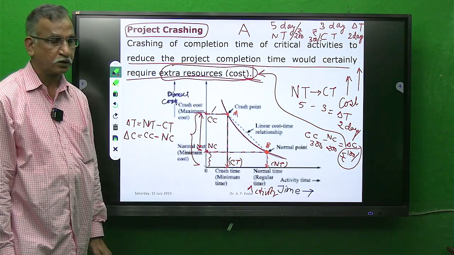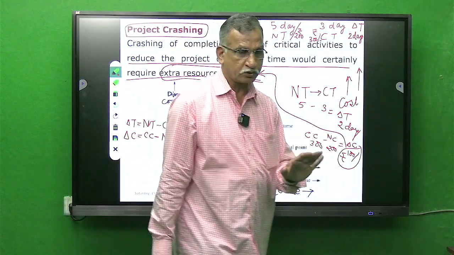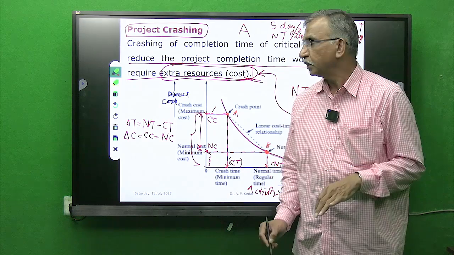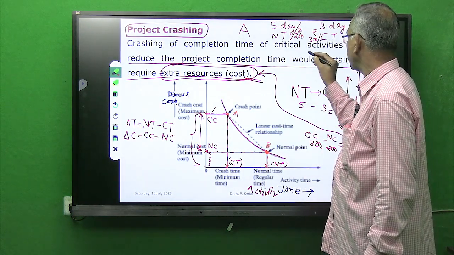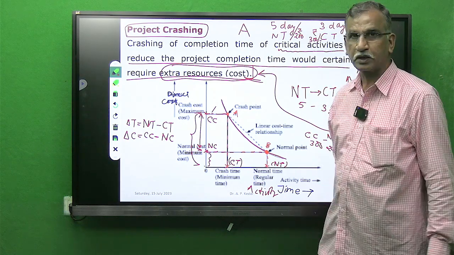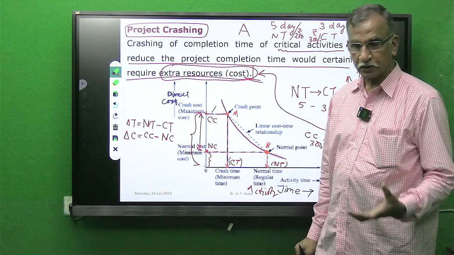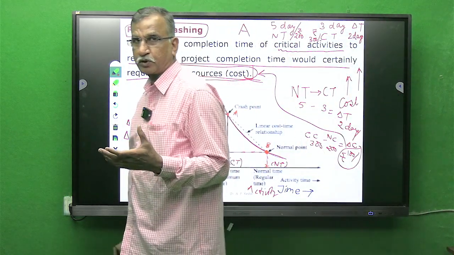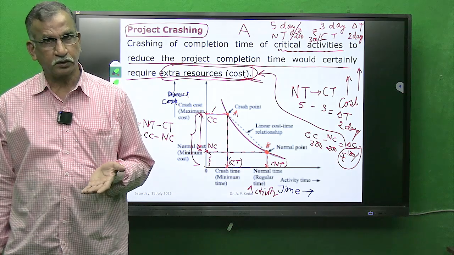Got it? Now we know, and I will explain this again in the problem, that we will only be crashing critical activities. If we crash critical activities which are possible to crash, the time duration will reduce but the cost will increase.